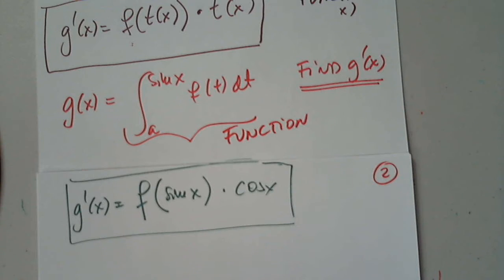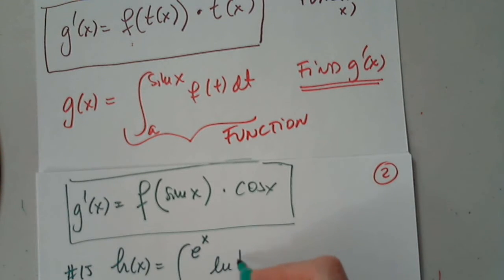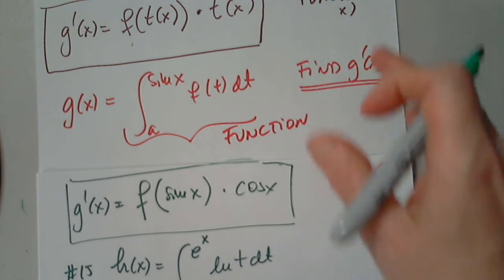I'll go slowly so you can pick. 15. Perfect. So let's start with 15. We have h of x is the integral from 1 to e to the x of natural log t dt. Perfect pick. Thank you so much.